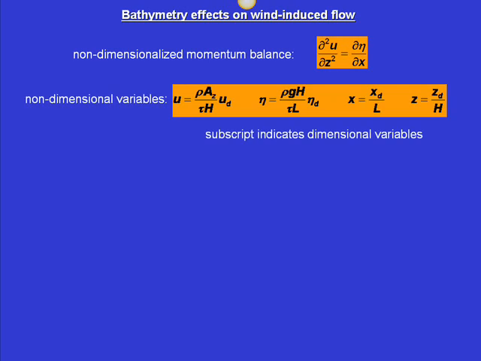Well, I know it's unfair because it's non-dimensional variables, but the non-dimensional variables are like that. U has been non-dimensionalized like that, where the subscript D indicates dimensional variables. So this term looks like what term in the momentum balance?